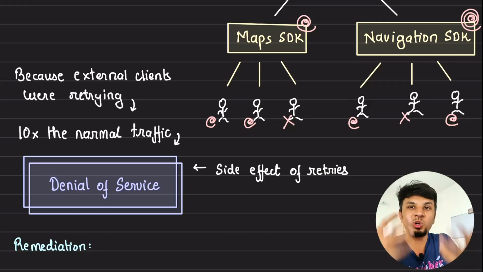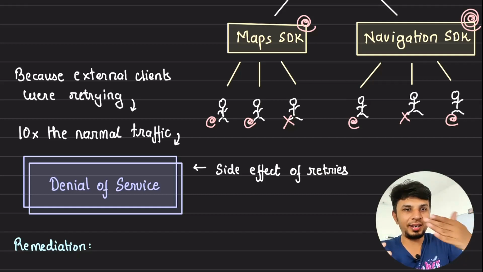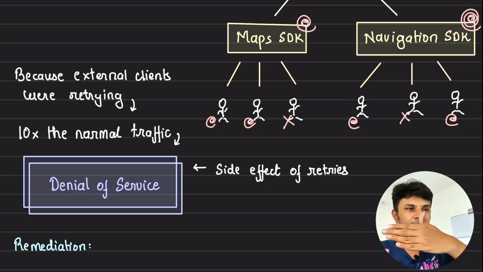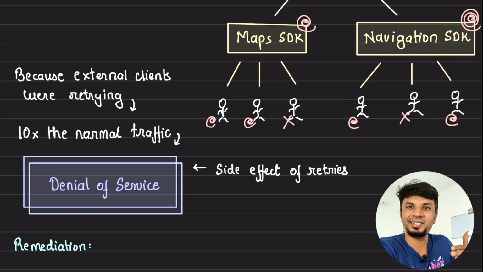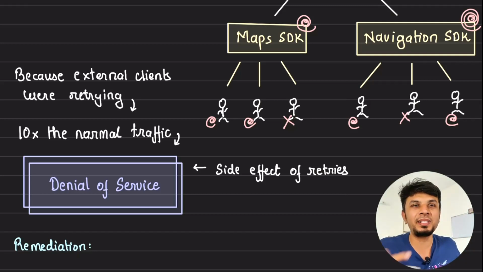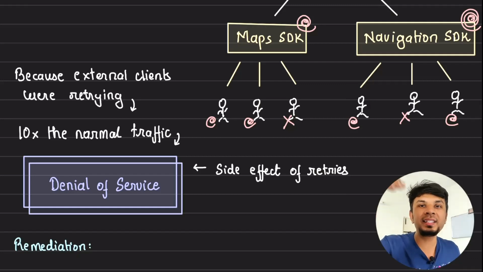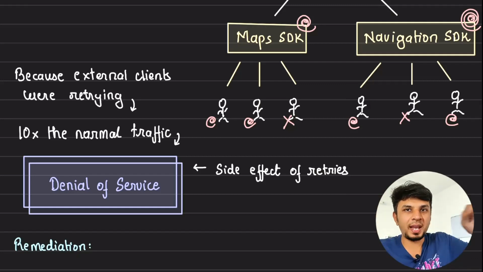That service got overwhelmed by the number of requests, and it triggered an entire outage, an entire set of cascading crashes, right? And that's exactly what happens when you have synchronous dependency as part of your microservices architecture.